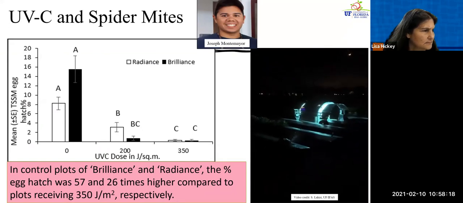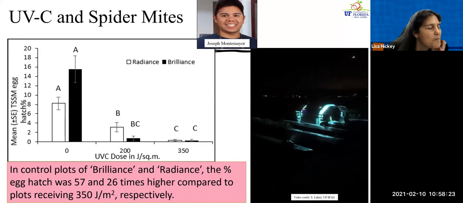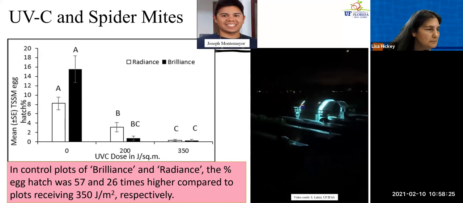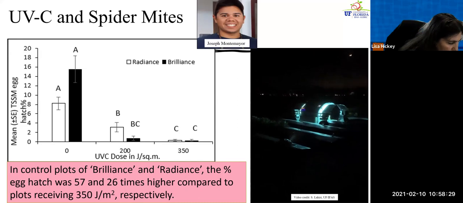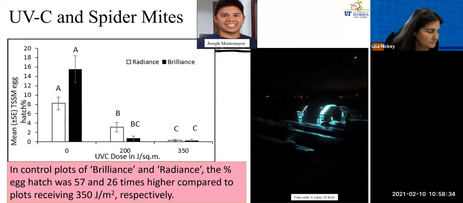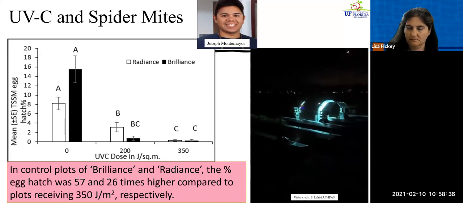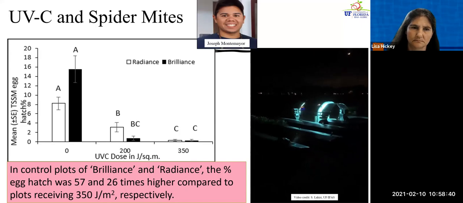Control plots had 57 times higher egg hatch, and 26 times higher egg hatch was seen in Radiance plots when we compared the plots treated with 350 joules per square meter ultraviolet C radiation. So this gives us a lot of hope for this technology, which can be used for organic production also.